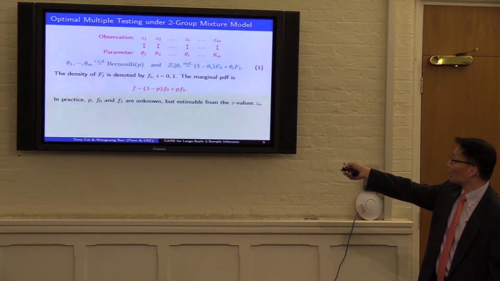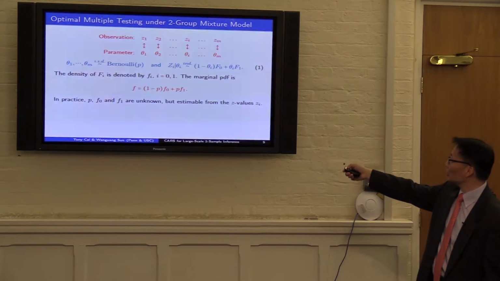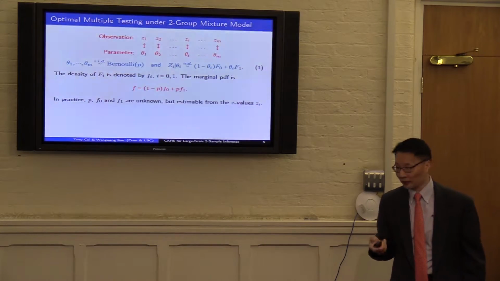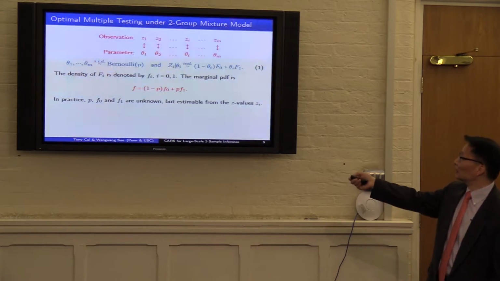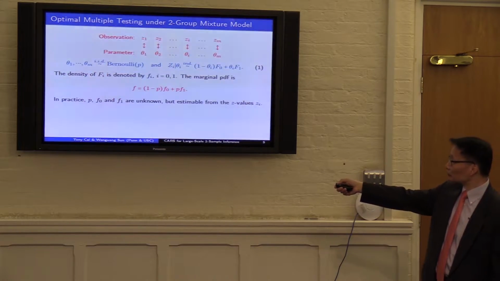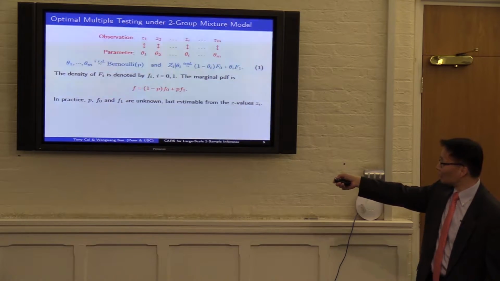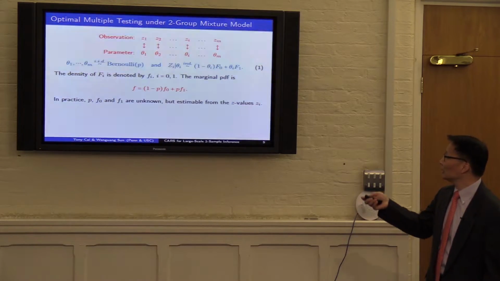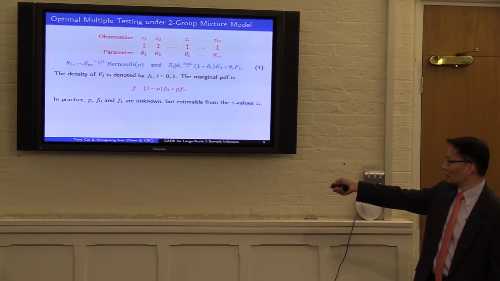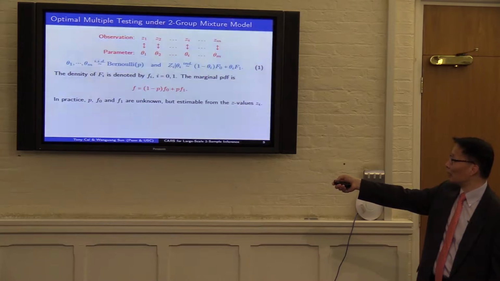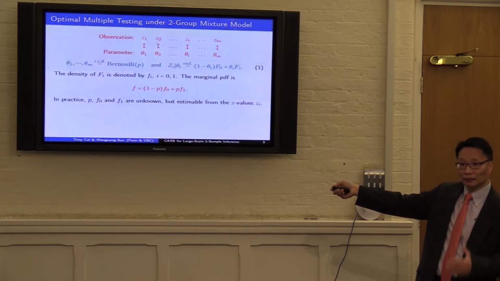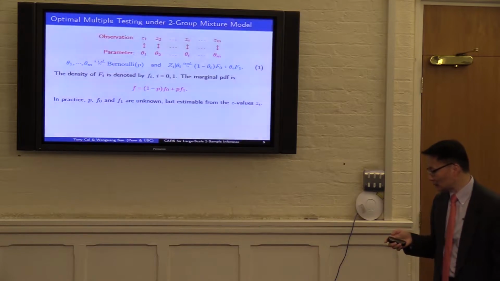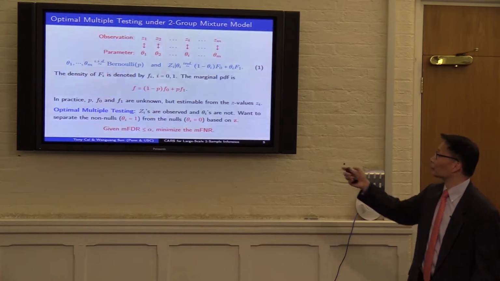And the z's are drawn either from the null distribution or from the alternative distribution, depending on the value of theta i. Under this two-group mixture model, the marginal density can be represented as a weighted average of the null density and the alternative. Typically, F0 is known, it's a known distribution. P and F1 are unknown, and typically they can be estimated from the data.